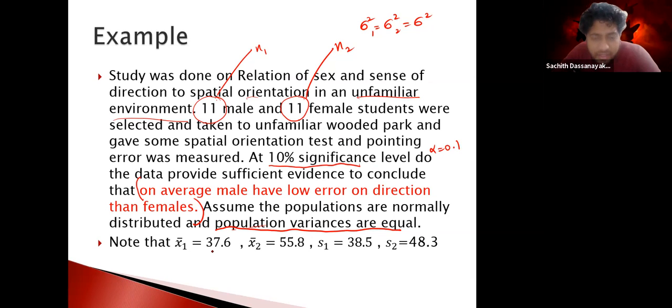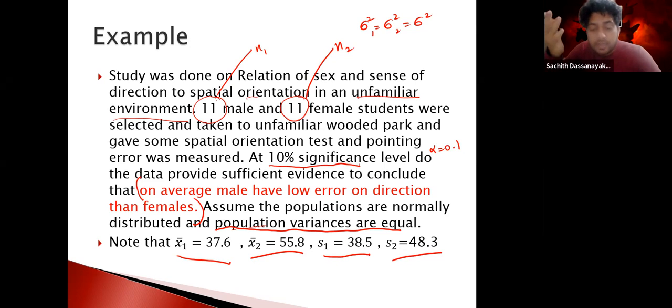They have given x1 bar, which is the first sample mean, the second sample mean, the first sample's standard deviation, and the second sample's standard deviation. Now you have to figure out which kind of test this is.